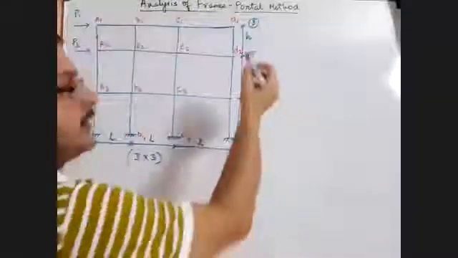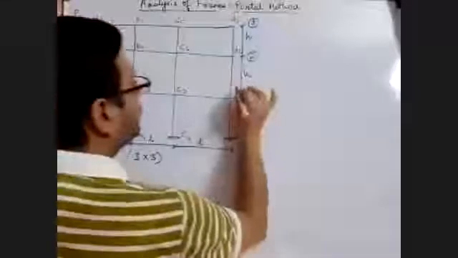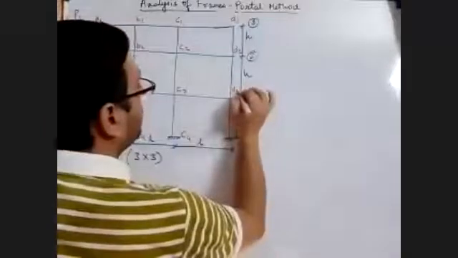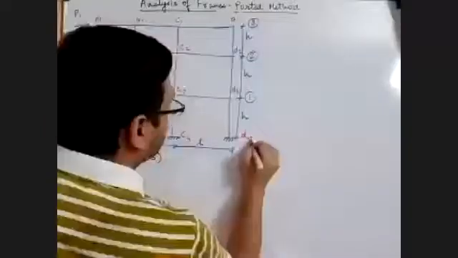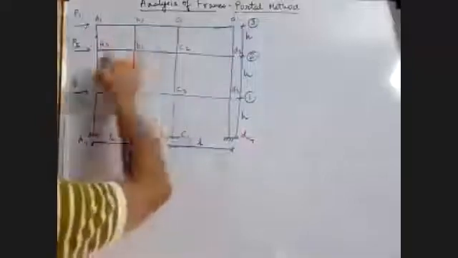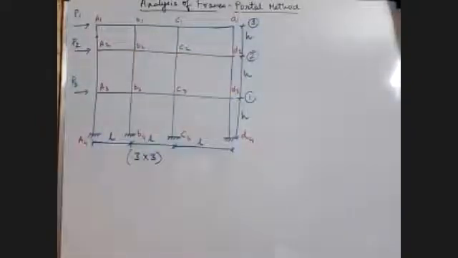So D1, D2, D3, and D4. So 1, 2, 3, 4, 5, 6, 7, 8. So there are 16 points.